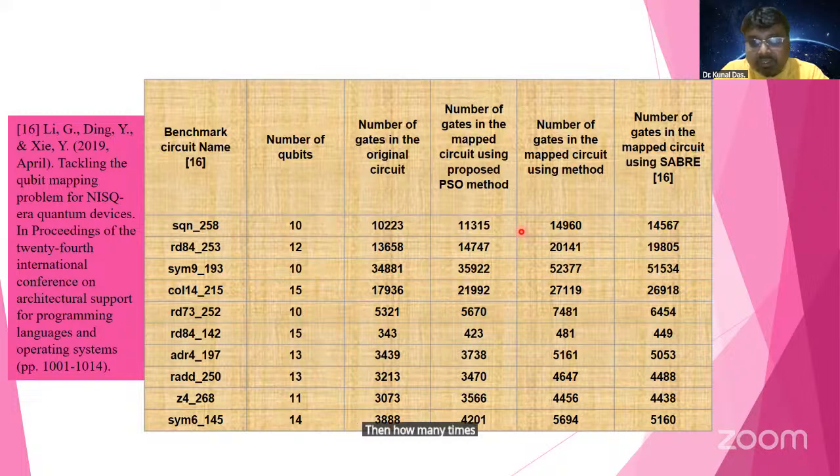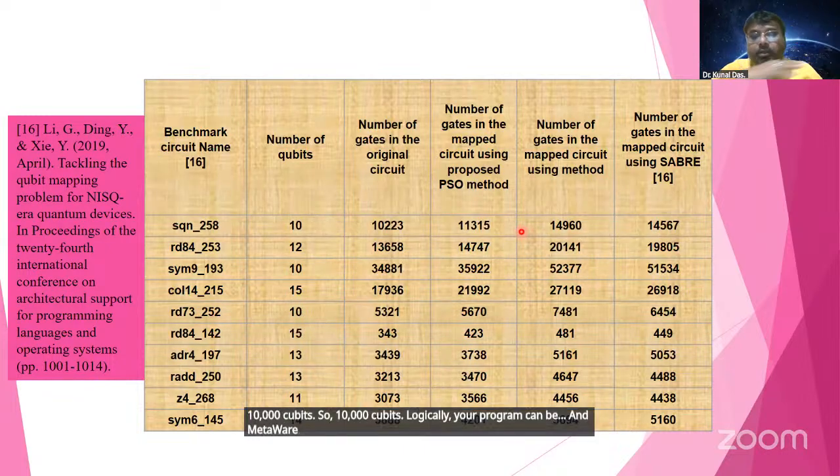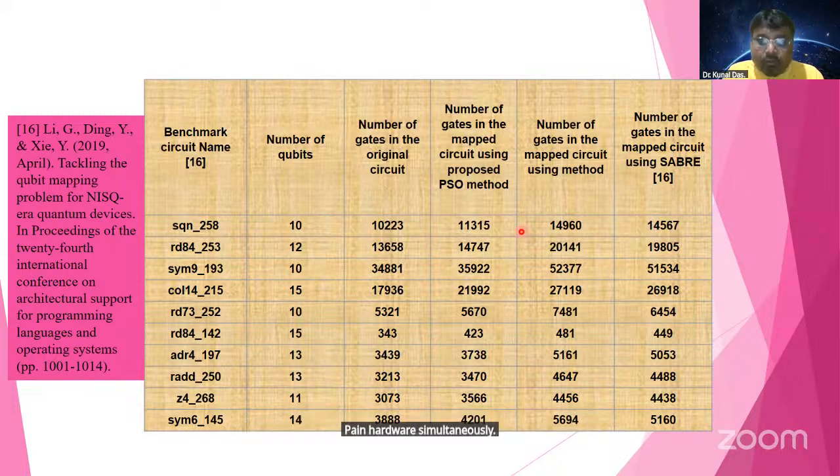It becomes 10,000 qubits. So logically your program can be mapped by the transpiler onto 100 different hardwares simultaneously. For that, you require an internet.